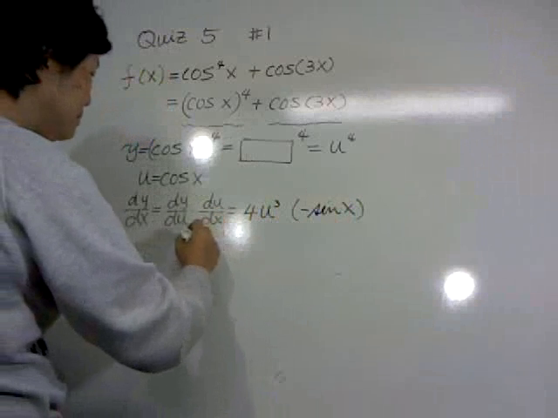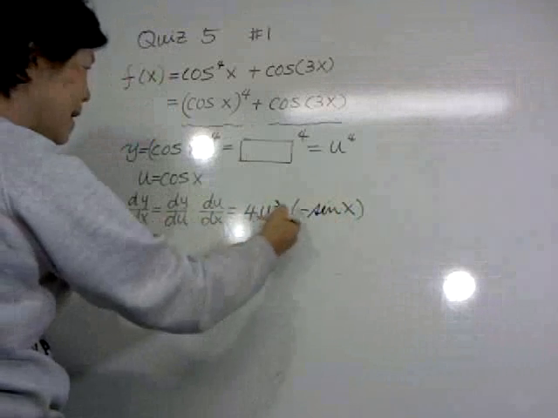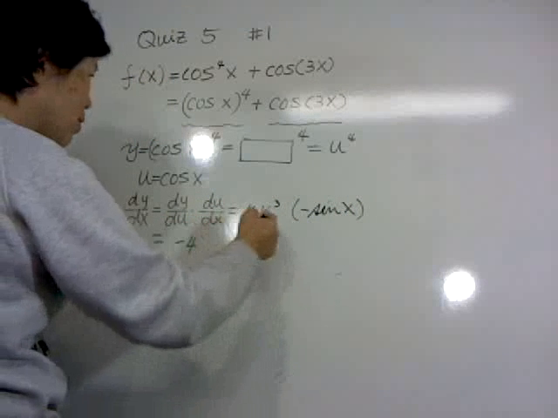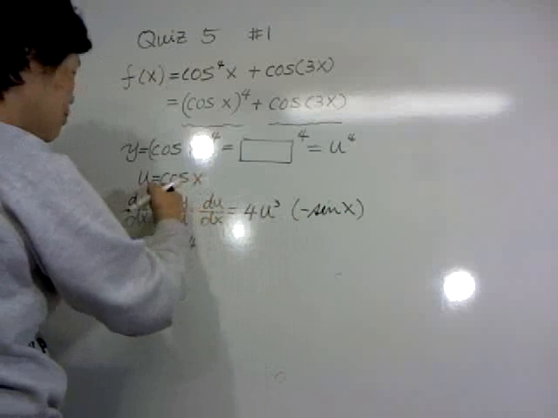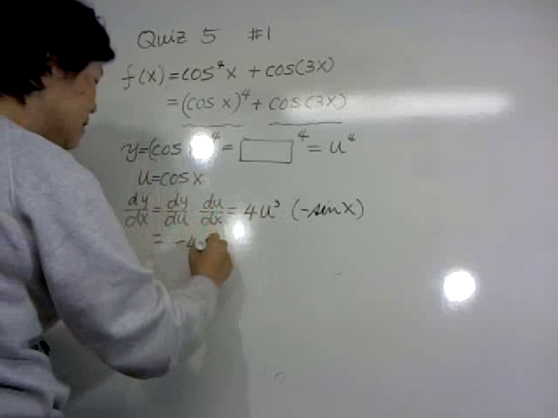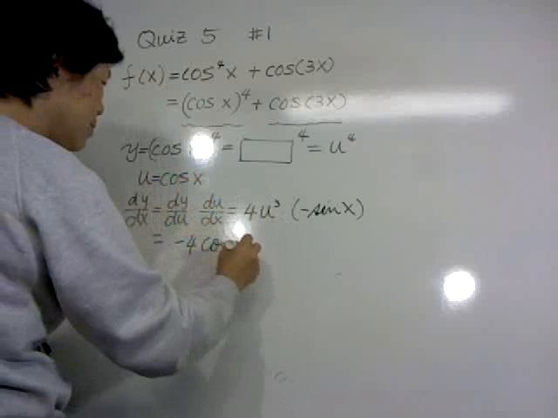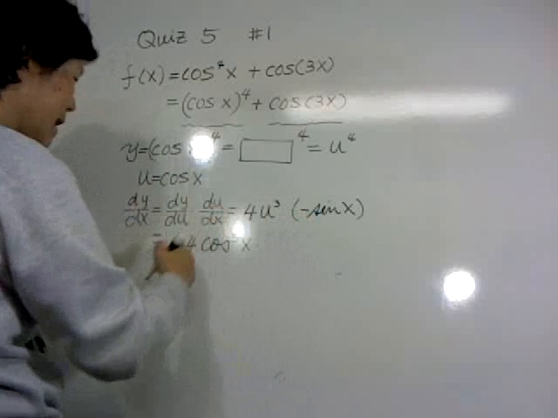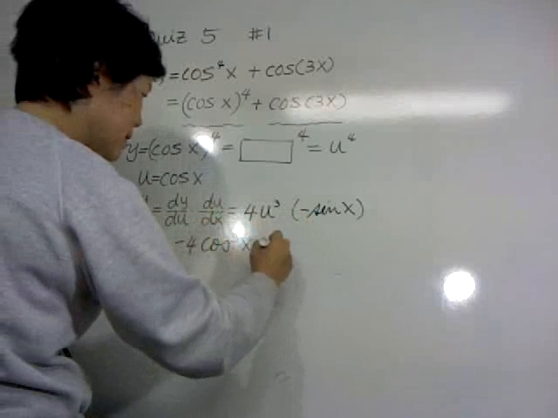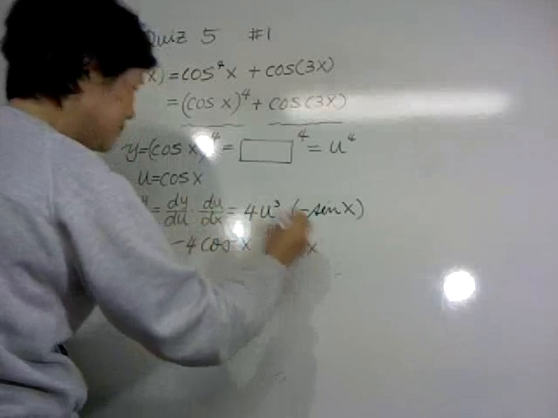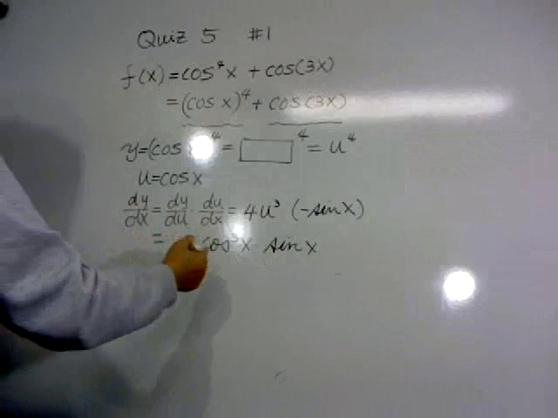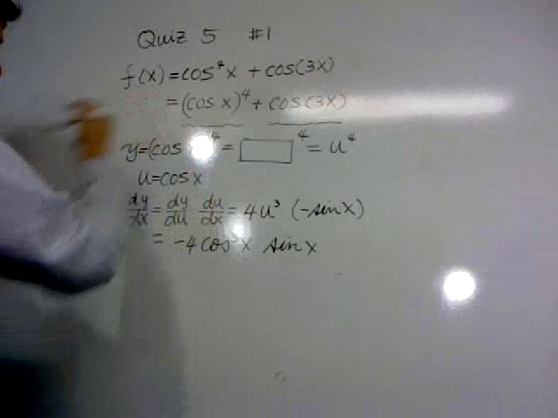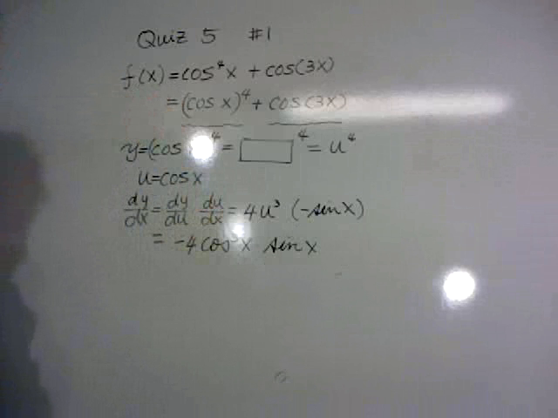So altogether, we can say negative 4 u to the third, but the u is cosine x, so cosine to the third power of x, and then we put the negative sign out here, so we say sine x. So this is the derivative of the first part of the function.